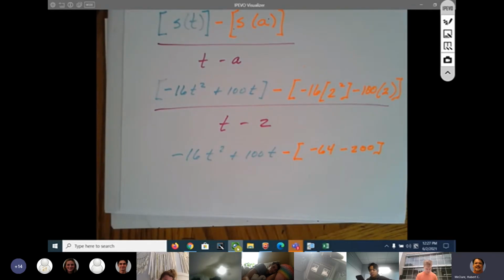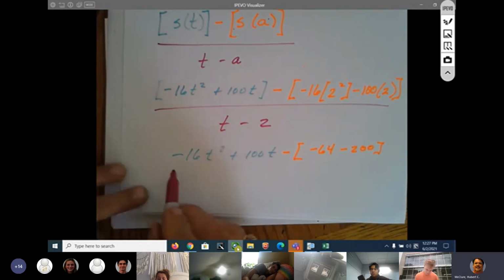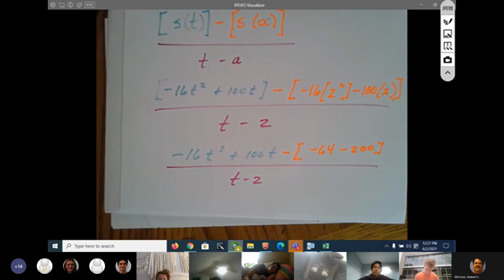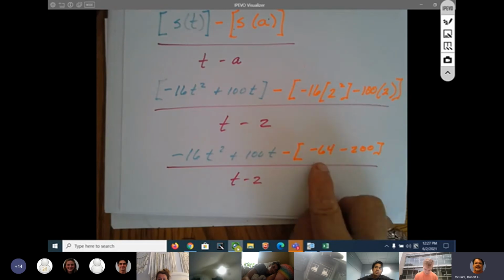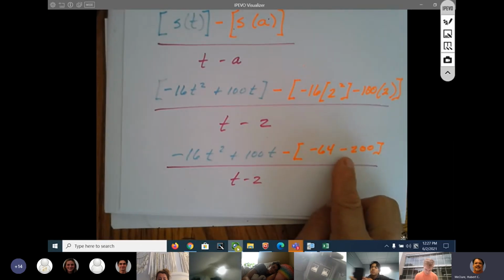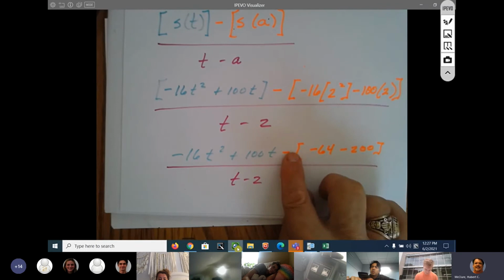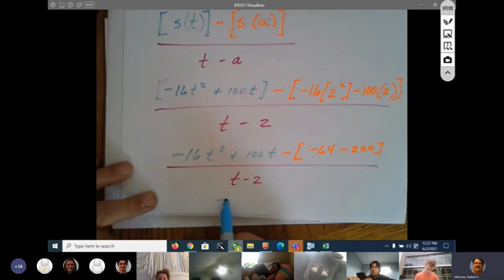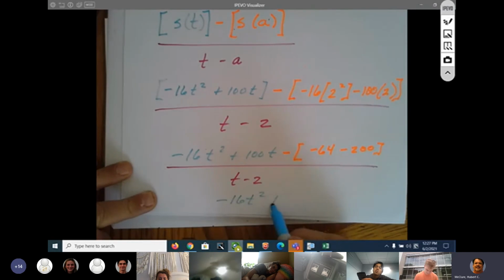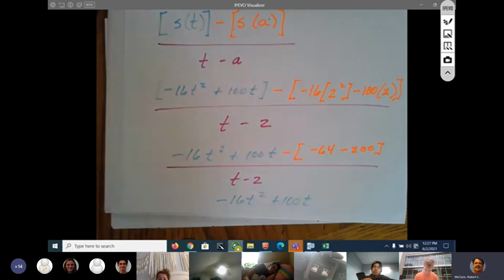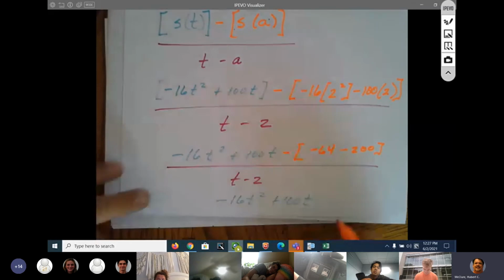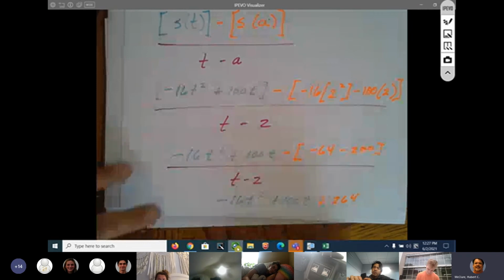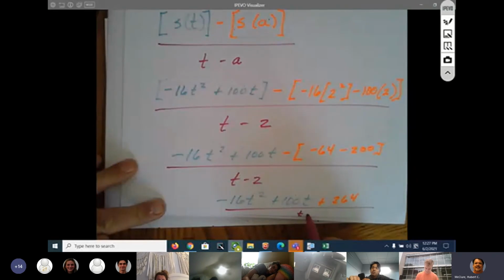Over t minus 2. So what is negative 64? Is that negative 264? But it's a plus. So it's going to look like negative 16t squared plus 100t plus 264. Y'all check me, please. Over t minus 2.